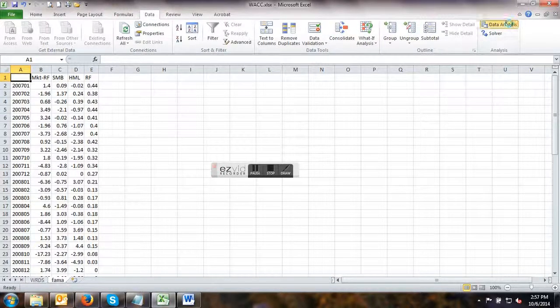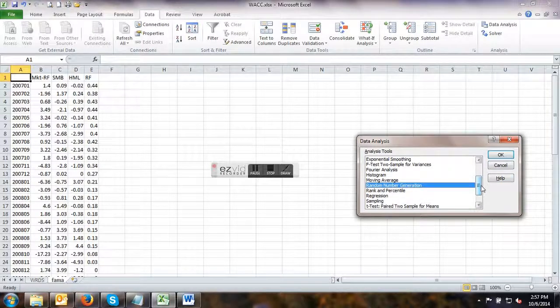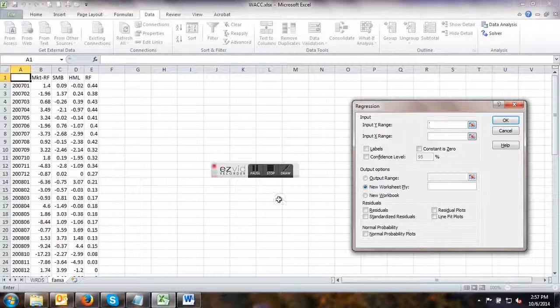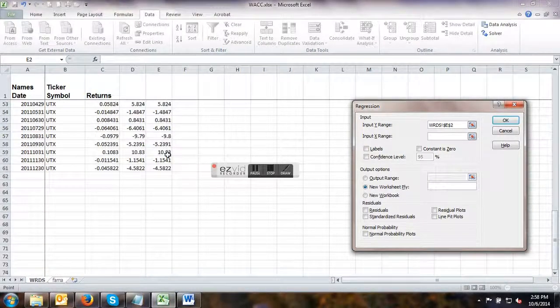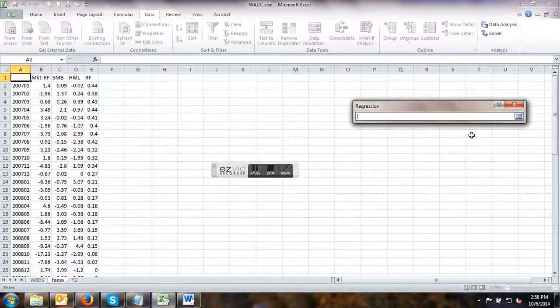We're going to come over here to data analysis, and we're going to do a regression. And my Y's are going to be my returns. Make sure that you're at the top of the page. So these are the monthly returns minus the risk-free rate for UTX.